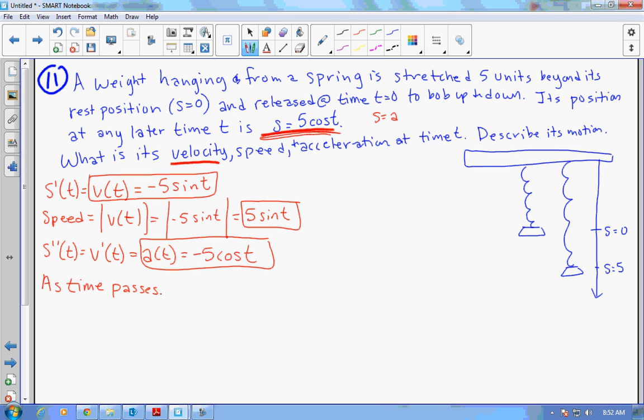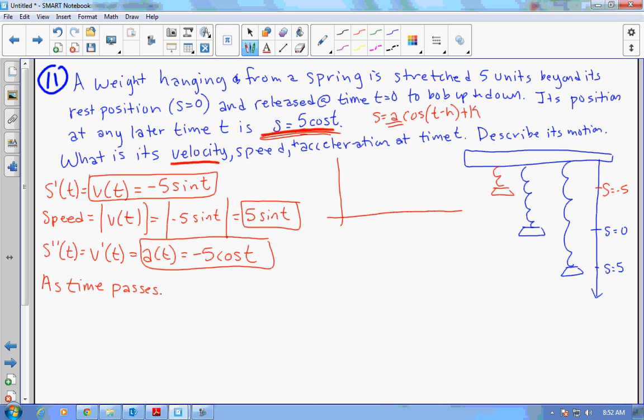S equals A times cosine of t minus H plus K. What does that multiplier mean? 5. Why is it going up and down 5, to negative 5? There's a word. Amplitude. Thank you. We graphed that.